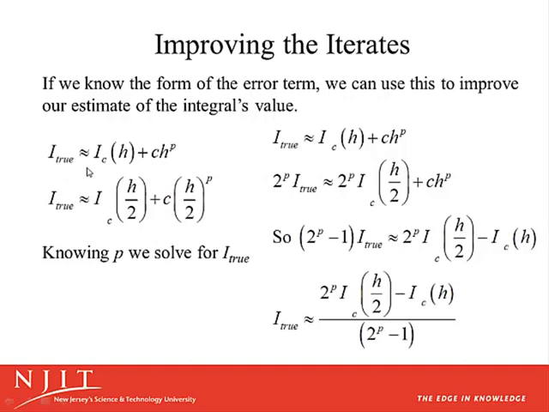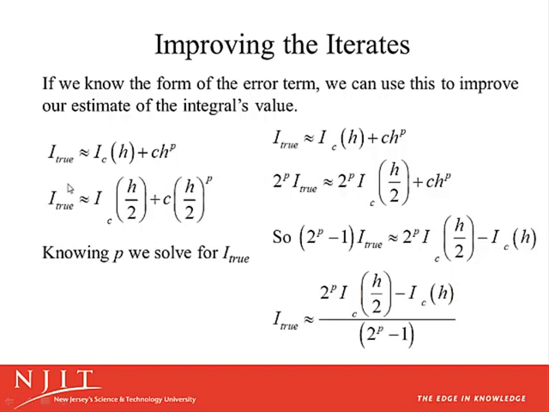Then we use that method, trapezoidal rule, say, with a subinterval size h over 2, and we get another approximation for our integral, and there we have that the true value is the computed value plus some constant times now h over 2 to the p. Well, we have two equations, and knowing p, we can eliminate the constant and find a better approximation for the true value of the integral.